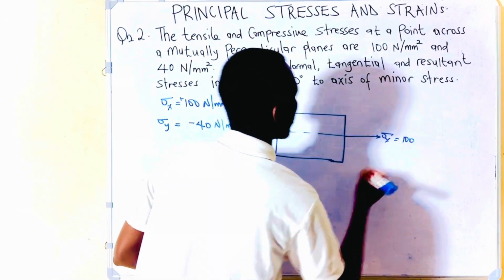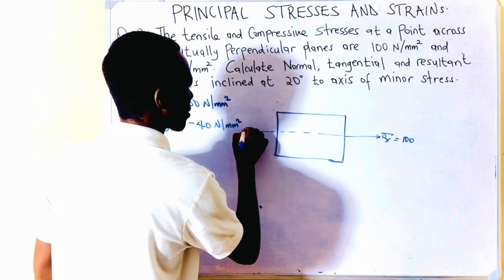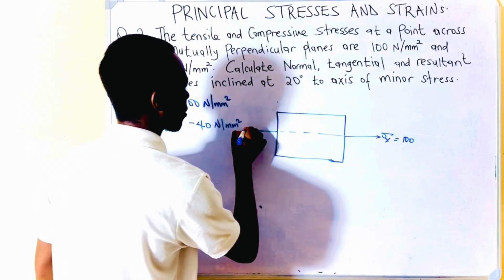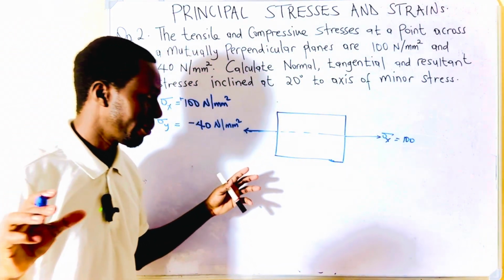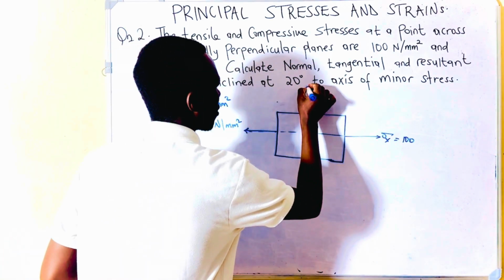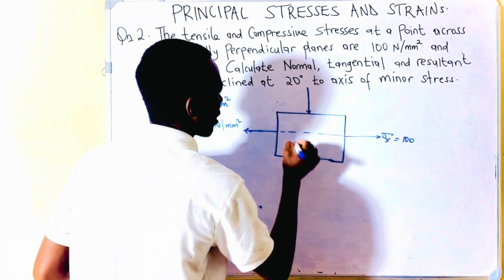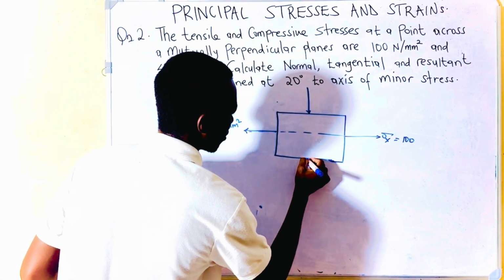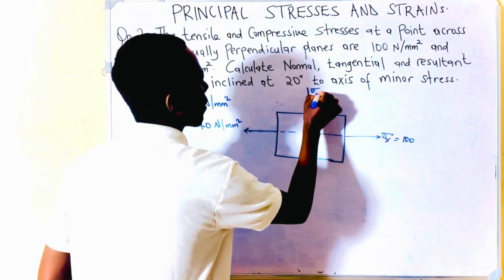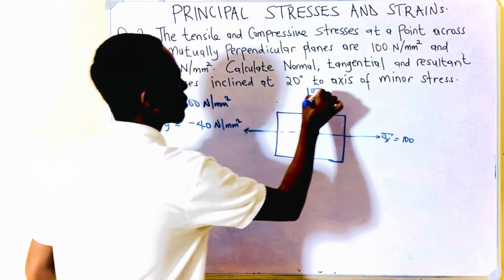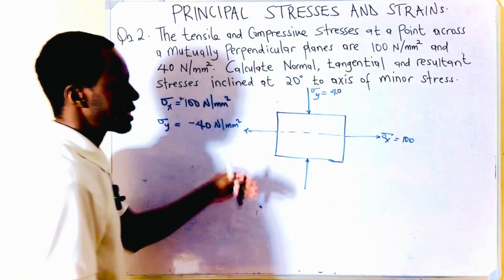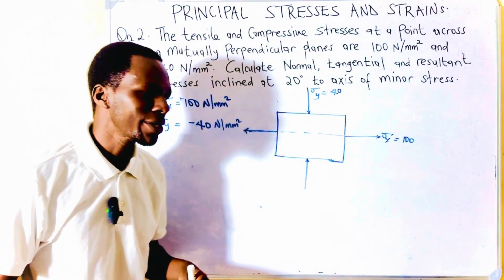It is away, which means it is tensile, positive. Then what about sigma y? It is compressive, so we indicate this one is sigma y and the value given is 40.